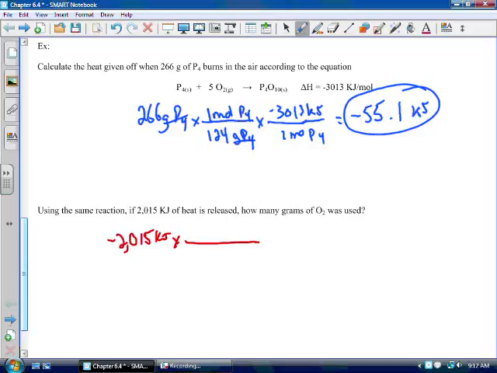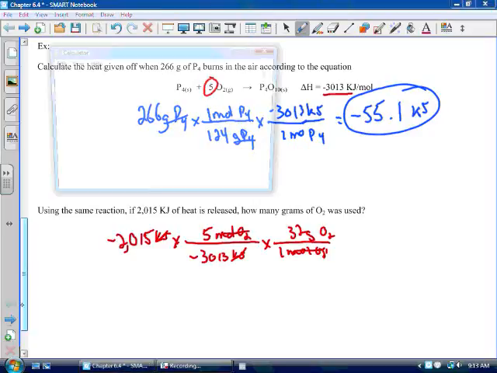I'm going to start now with my enthalpy ratio, or my thermal ratio, and I know that there are negative 3,013 kilojoules for every 5 moles of O2 in this chemical reaction. And I get that from the numbers in front. 5 moles is that many kilojoules. From there, kilojoules cancel out. 1 mole of O2 is 32 grams of O2. So again, moles of O2 cancel out.